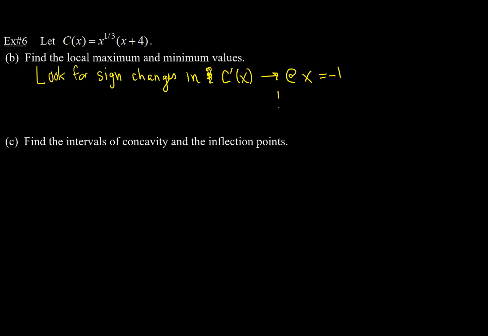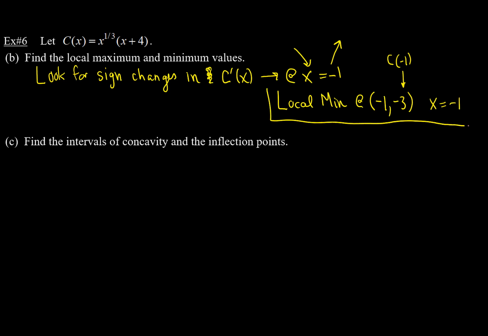And specifically, it's a minimum because it was decreasing and then increasing after. So I've got a local min at the point -1, -3 if I plug this into the original function. Or if I just want the x coordinate.